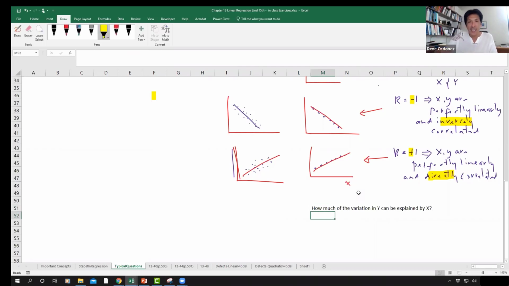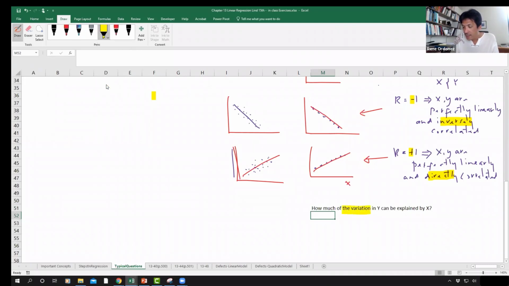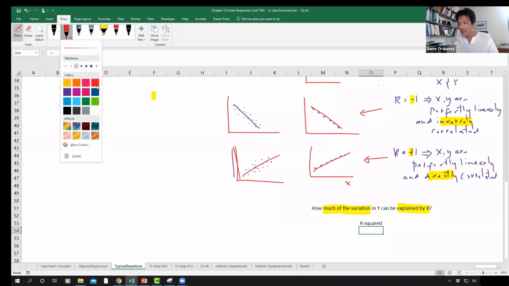So in here, the question is how much of the variation in Y can be explained by X. This question can be answered by the r squared. I'm just going to type this value. Symbolically, r squared is depicted this way.